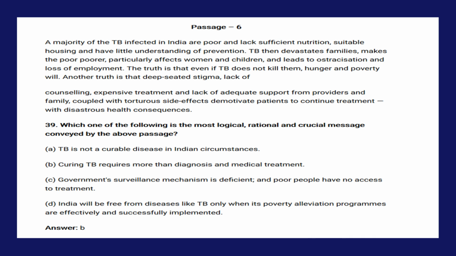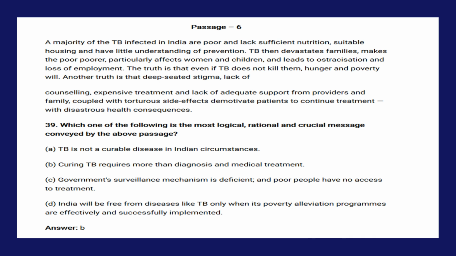The truth is that even if TB does not kill them, hunger and poverty will. Another truth is that deep-seated stigma, lack of counseling, expensive treatment, and lack of adequate support from providers and family, coupled with the tortures, side effects, demotivate patients to continue treatment with disastrous health consequences.